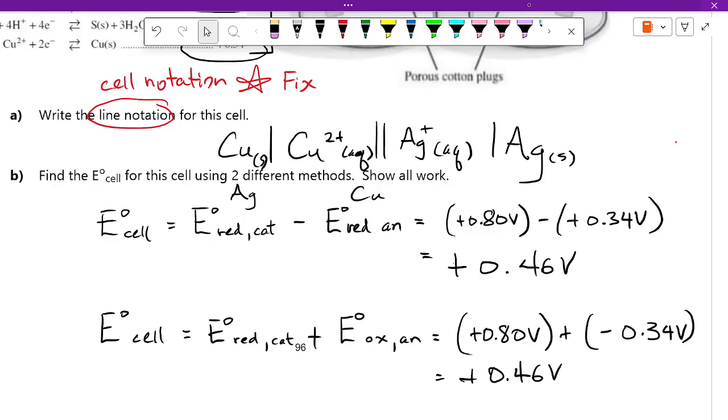It doesn't matter which method you use, but you should probably write the formula, so that if you're writing on the AP exam, it's the formula they are probably most expecting you to use. It is the more common usage. If you're choosing to do an oxidation potential, you should say, I'm using an oxidation potential. Yeah?